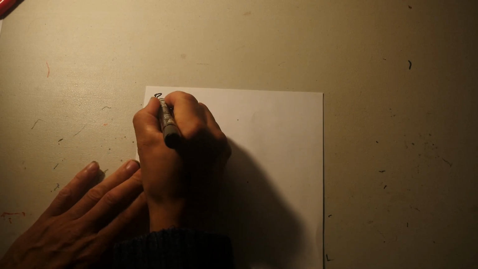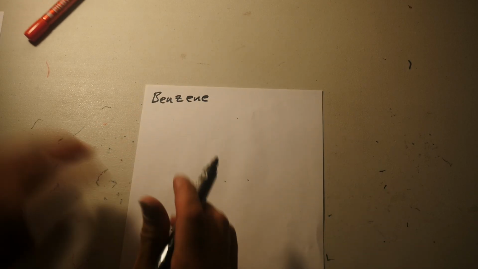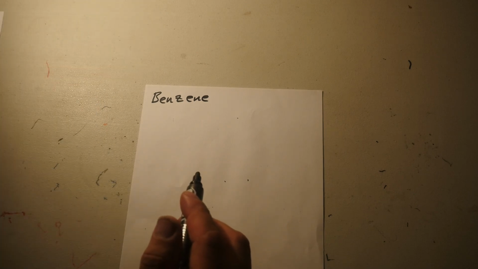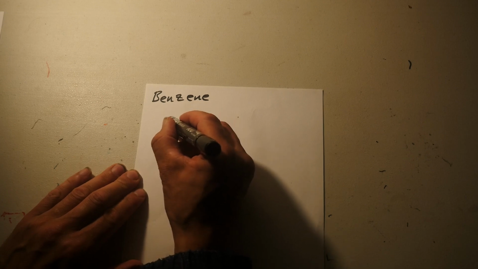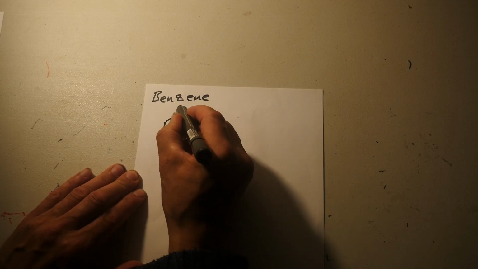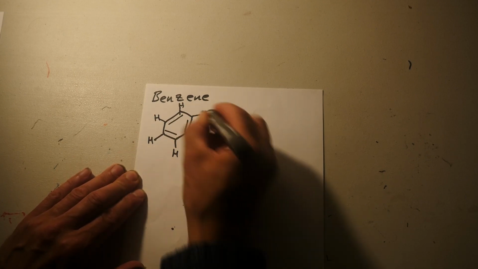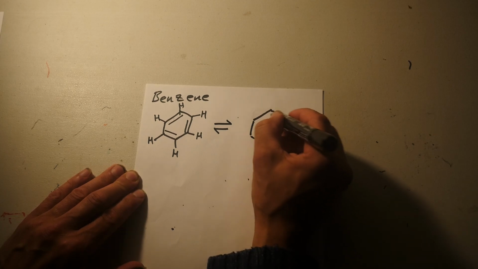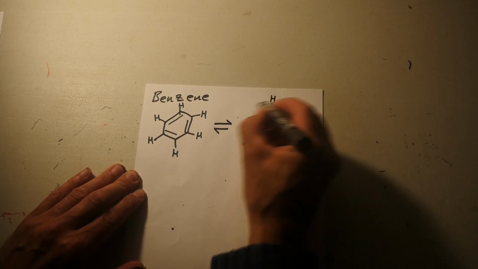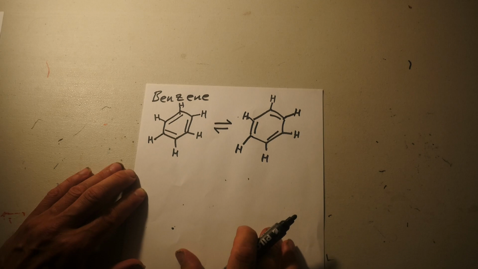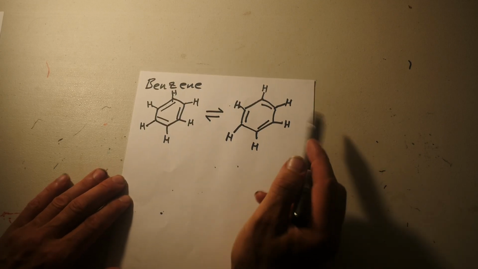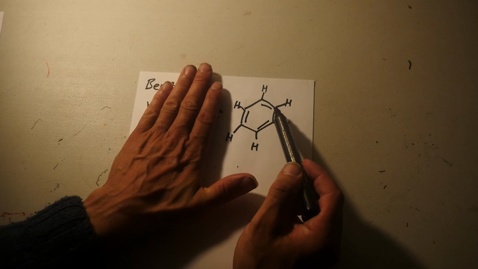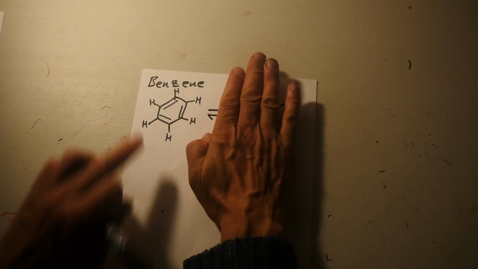So today I'm talking about benzene, which is a bit like cyclohexane. It's got structure, so although I've drawn two structures here, normally you either just get one like that or you get one like that.